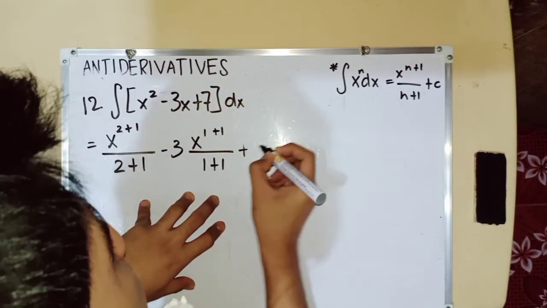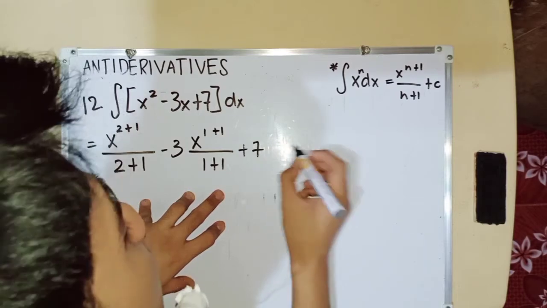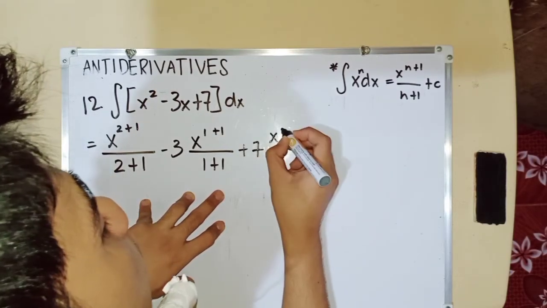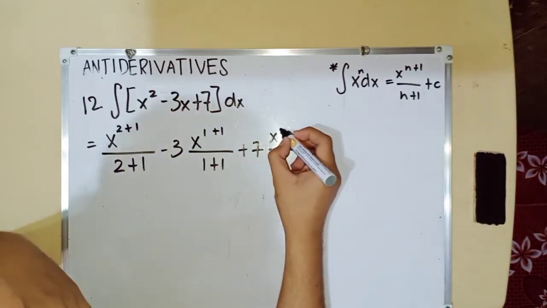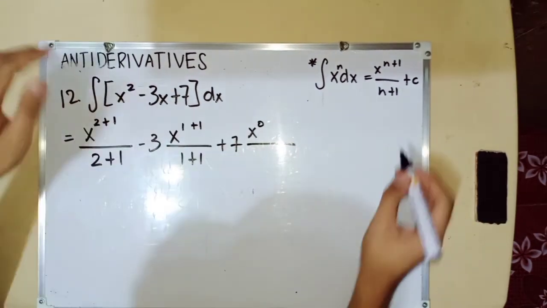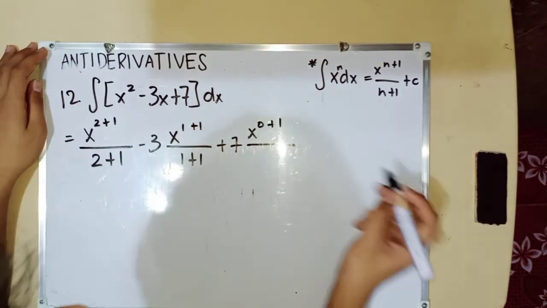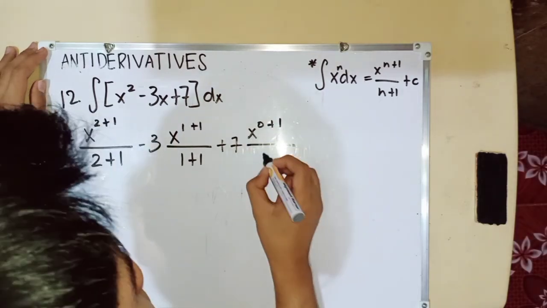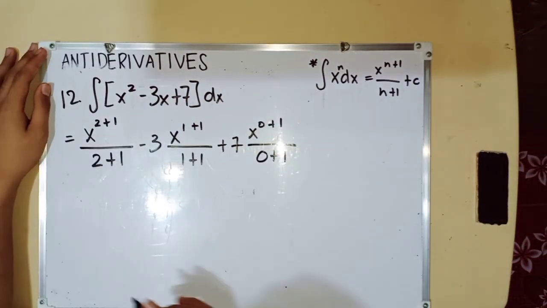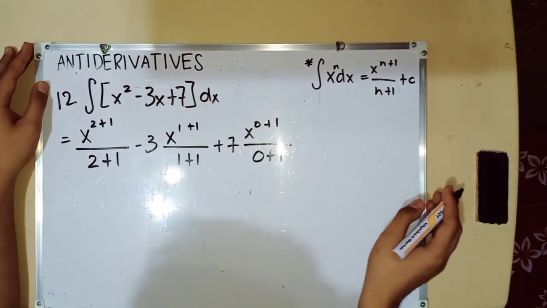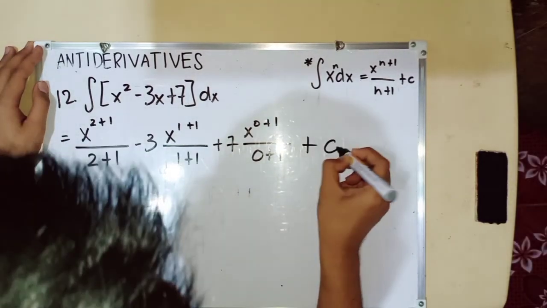Then, for the 7, since it has no x, it is understood that x there is raised to the power of 0. Then, we add 1 to the exponent. And we copy the exponent 0 plus 1. And let's not forget the constant of integration.